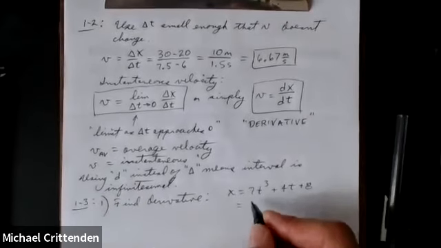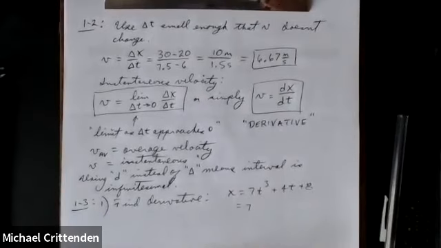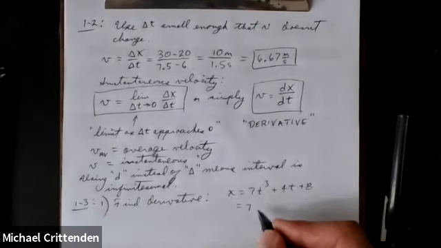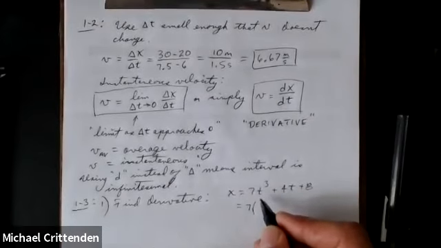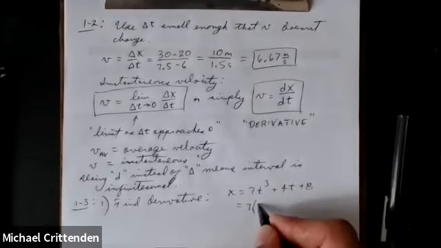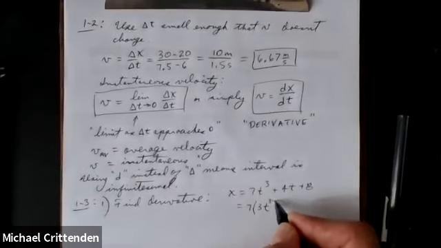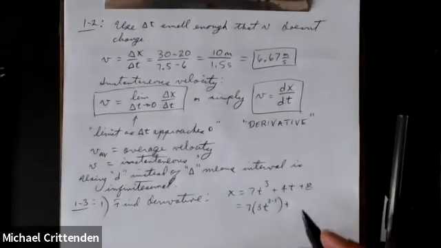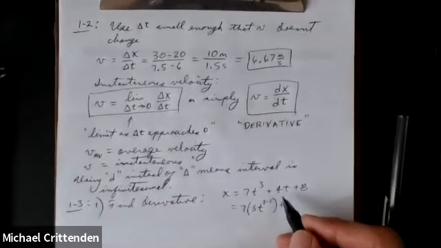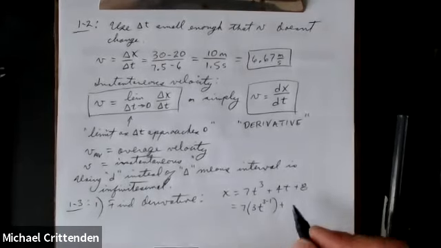Well, using the rules I was just talking about, you recopy the 7. The constant coefficient just kind of sits around and does nothing. The derivative of t to the third power would be 3 times t to the 3 minus 1. Again, next term. The derivative of a sum is the sum of the derivatives, so you just differentiate term by term.